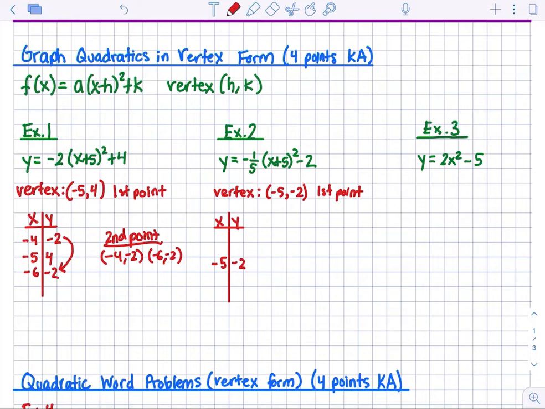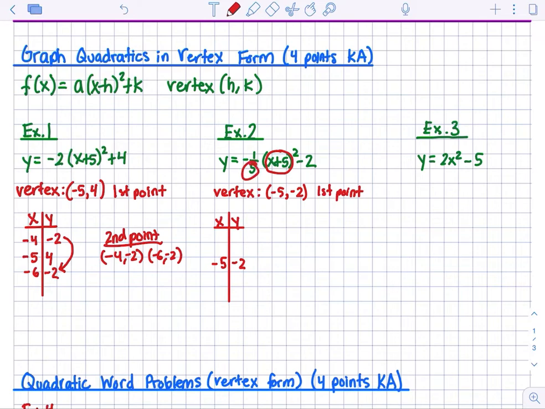Now this is different from the last one, because notice this one had a whole number on the outside, and this one has a fraction. You can't just pick any points in this Khan Academy because they only want whole numbers. So you have to think, what x value can you substitute into here that will give you a number that's divisible by 5?